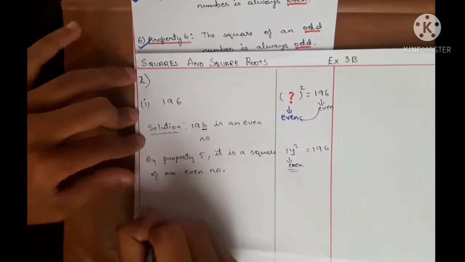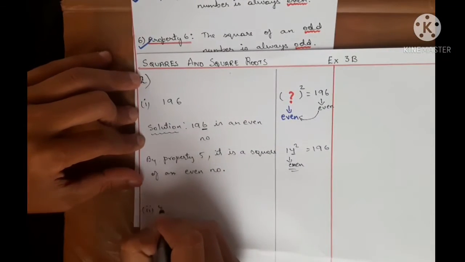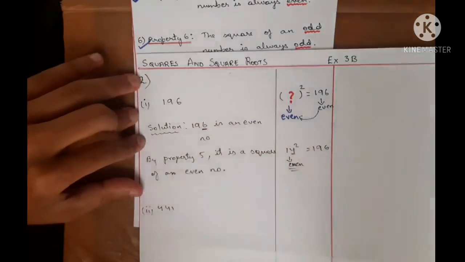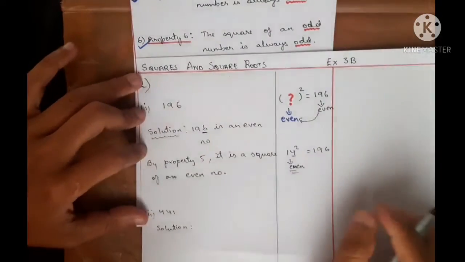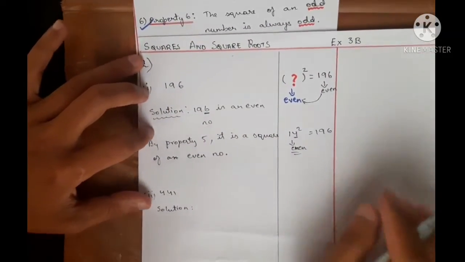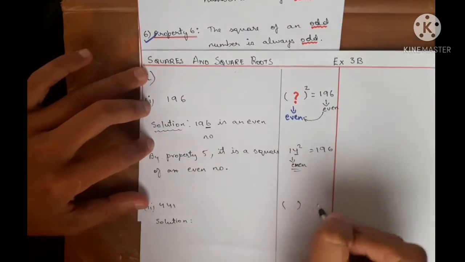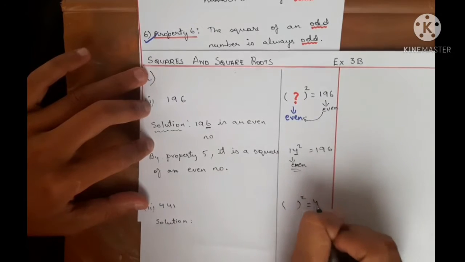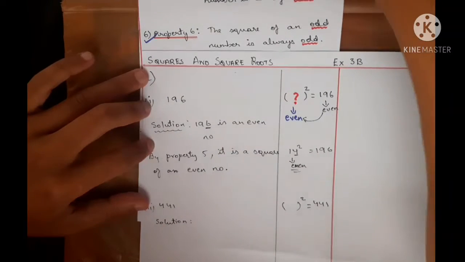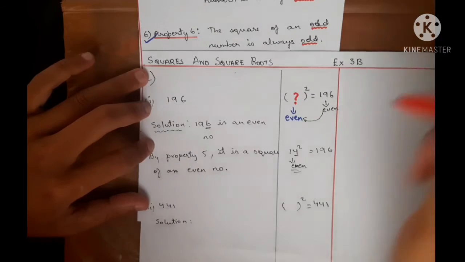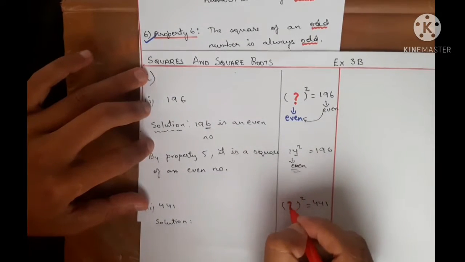Next, number 2, 441. Solution. What is the number such that when you square it, you will get 441? And is this number even?